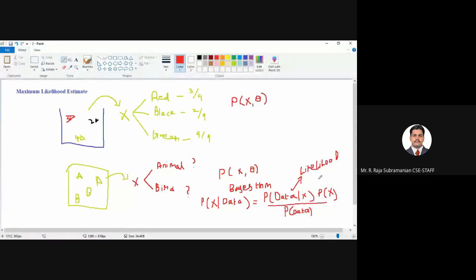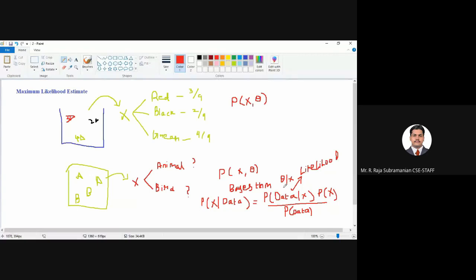So this is what I need to estimate. Generally, I need to estimate P of data given X, or P of theta given X. This is what we are going to do.